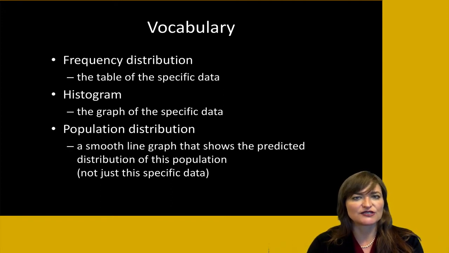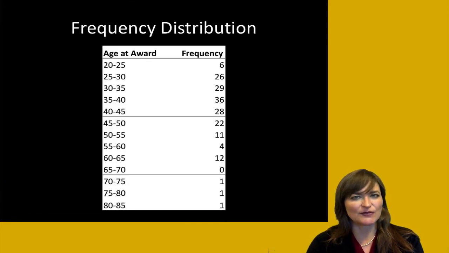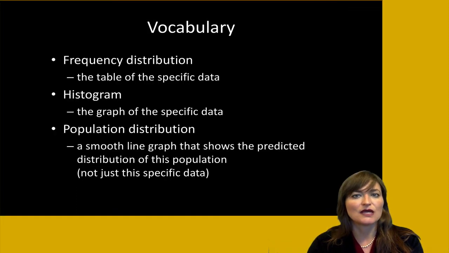Now, the frequency distribution refers to that table of the specific data. We didn't create one of those within Google Docs. Google Docs did that behind the scenes, but we talked about how it would be the table with the bins and the count. The histogram then is the graph of that specific data. That's what we've just been building.